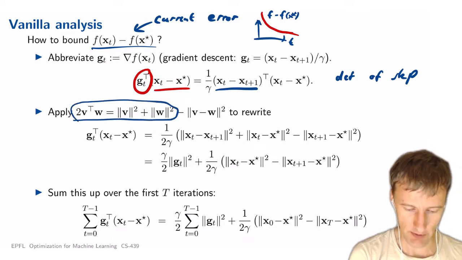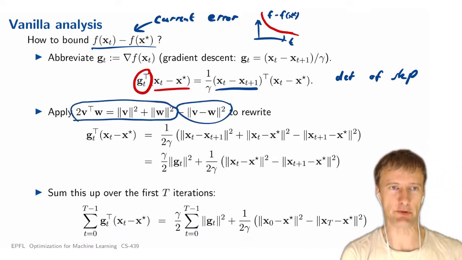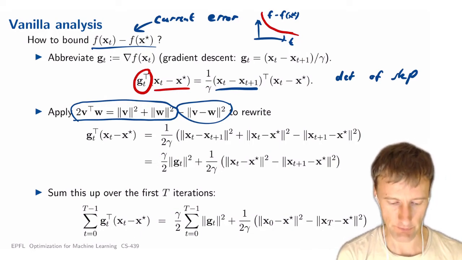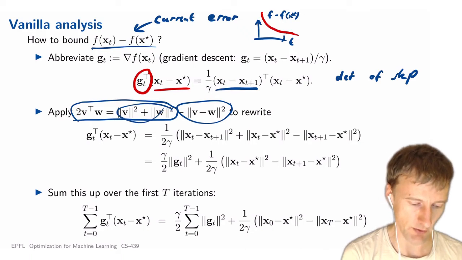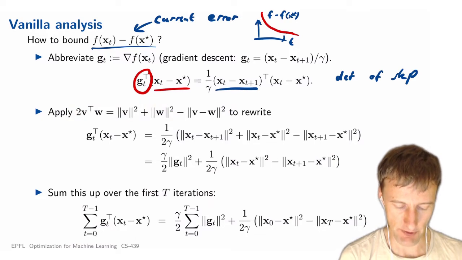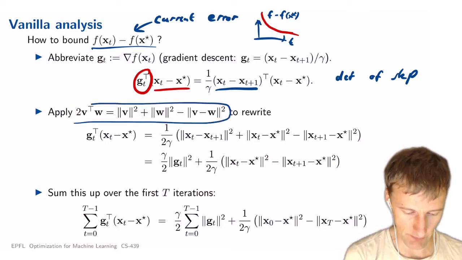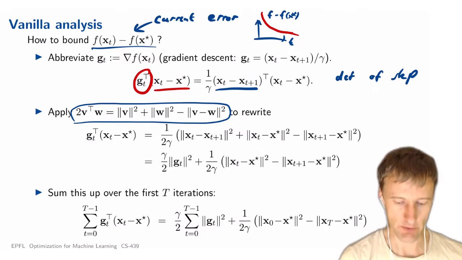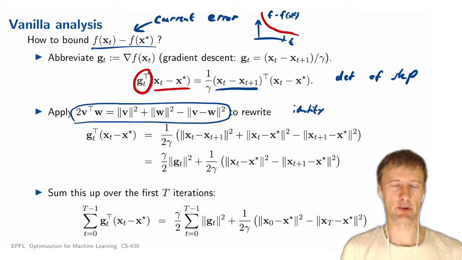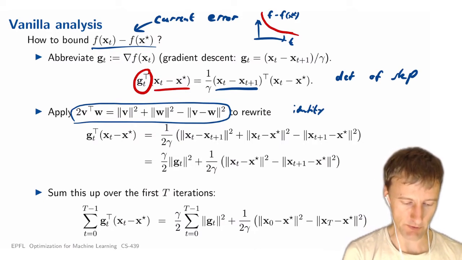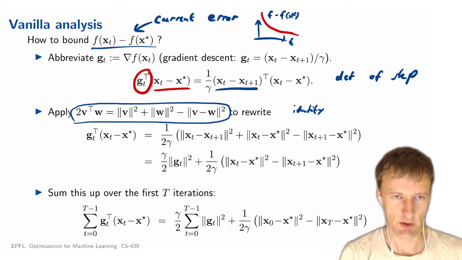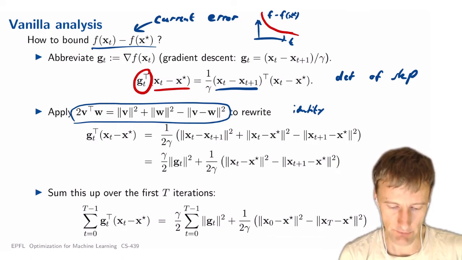Actually that's very simple. This is just a standard identity of vectors. It's saying that the inner product of two vectors is the same as here, norm square, minus norm square, minus the norm square of the difference, all divided by 2. That's nothing else than this identity here. So this allows us to take inner products and instead write them as norms. That's something, of course, we can do. We're going to see later why this is useful.